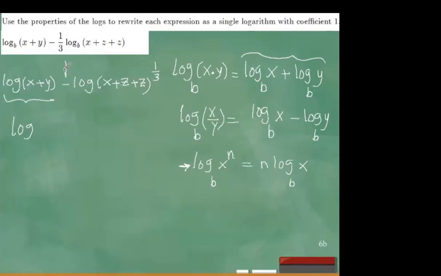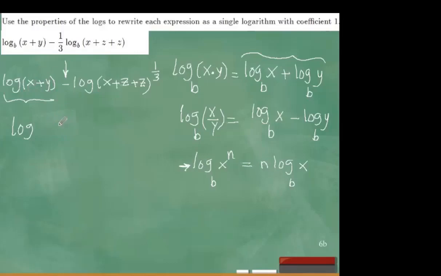However, this minus means you're going to change this into a single logarithm using the second property here. If this is log of x minus log of y, that would be log of x over y. So my x really here is x plus y.